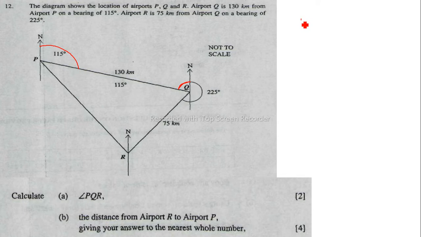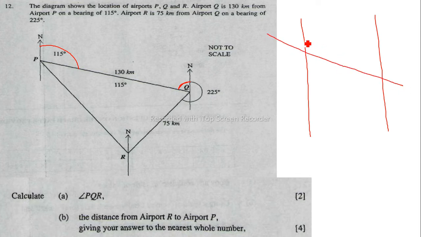Remember, if we have two parallel lines and a transversal cutting through them, the angles on the inside are going to add up to 180 degrees. And so here we have the same thing. This is 115, and this is Q. They're on the inside, so they must equal 180. So these two angles must add up to 180.